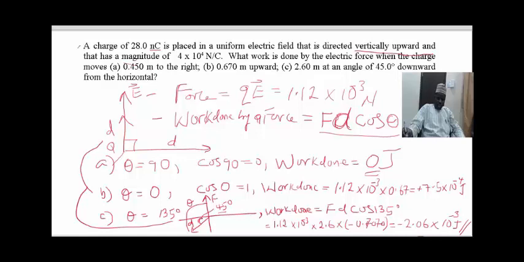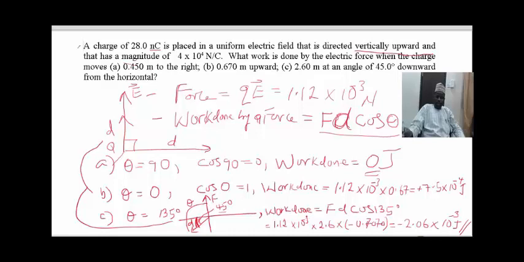Then we evaluate our theta this way: the angle between our force and the displacement is going to be the 90 here plus the 45, so it's 135 degrees.